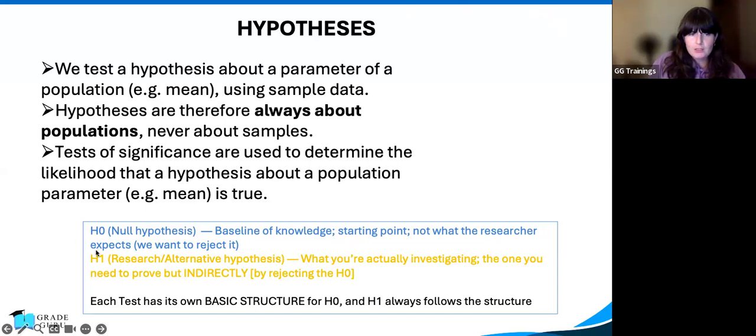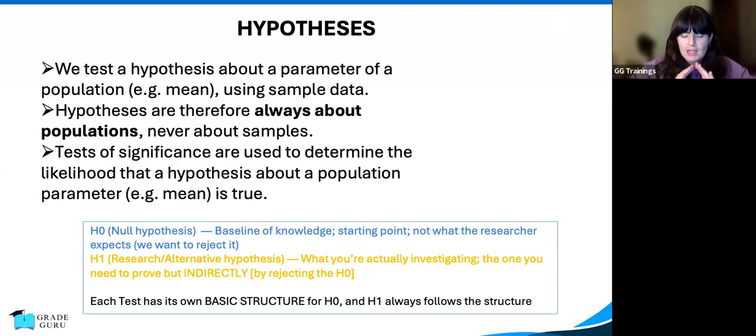A quick word about your hypotheses here. You never prove your H1 directly. It's almost like you're always proving H1 by disproving H0. So it's all about rejecting H0 or retaining H0.